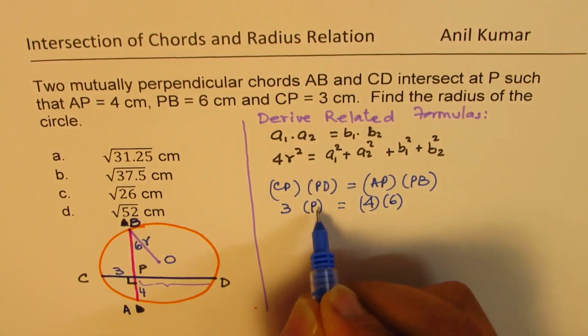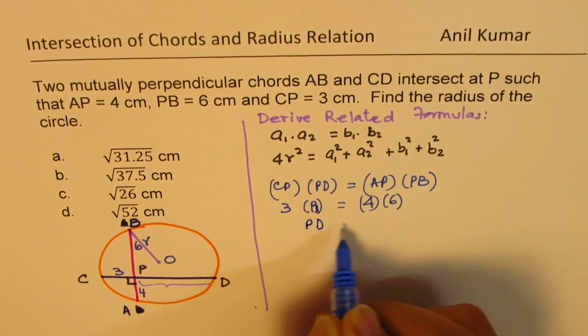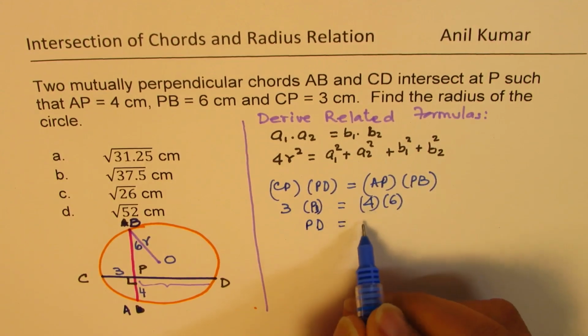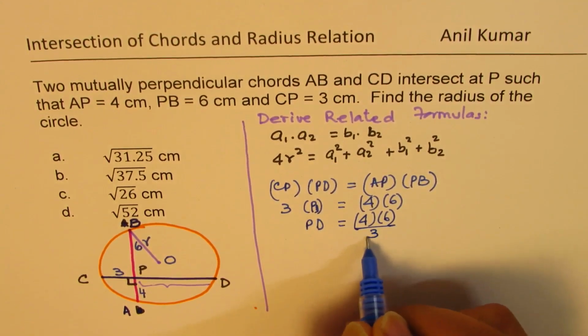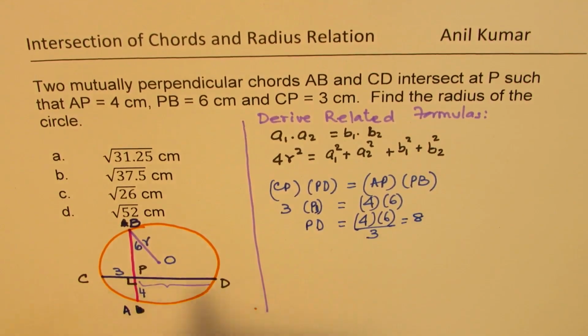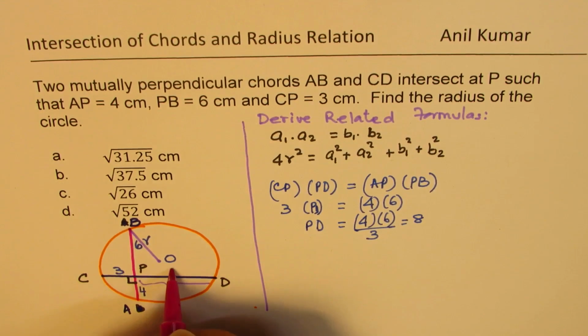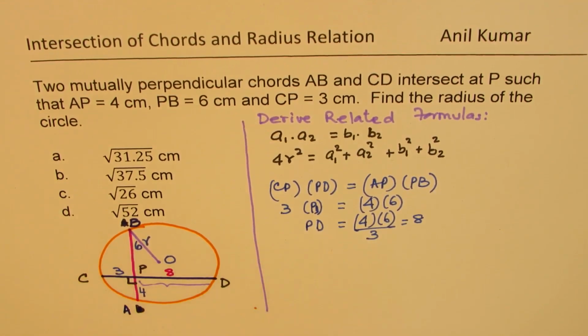So we know this length PD is basically equal to 4 times 6 divided by 3, which is 8, right? Very simple. So we got one length, which is this length as 8. So we have all these lengths, right? Now we will substitute in the second formula. So this was using the first one.